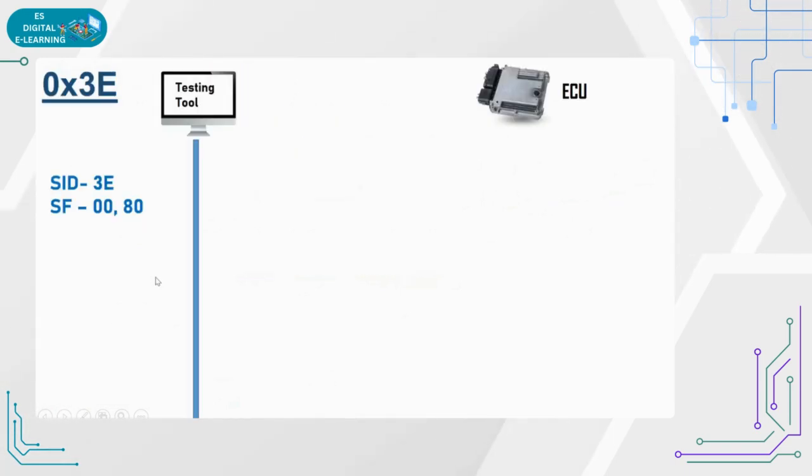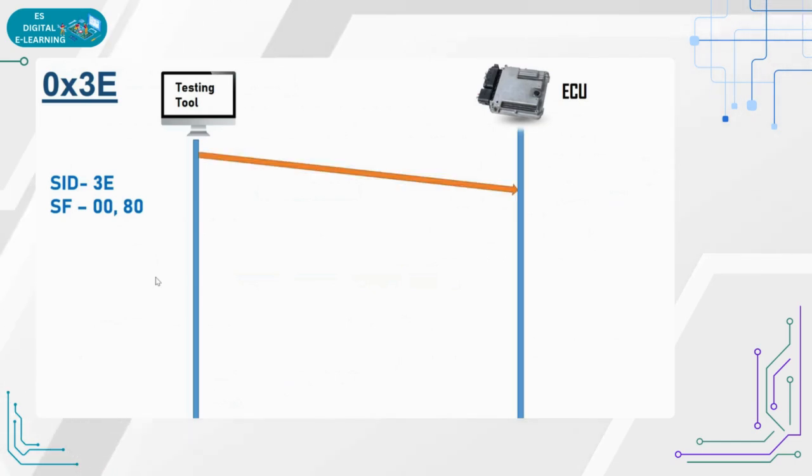So here the tester tool is there and the ECU will be there. So Gautam, Chakri, what are the two sub functions we have? 00 and 80. Very good, those are the two sub functions. Now I am requesting with 3 00. 00 means it is suppressed, so it will suppress the positive response.